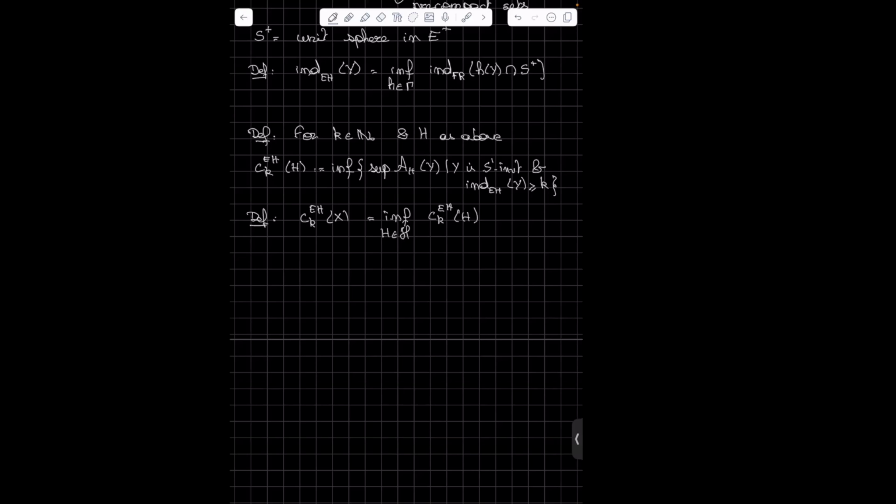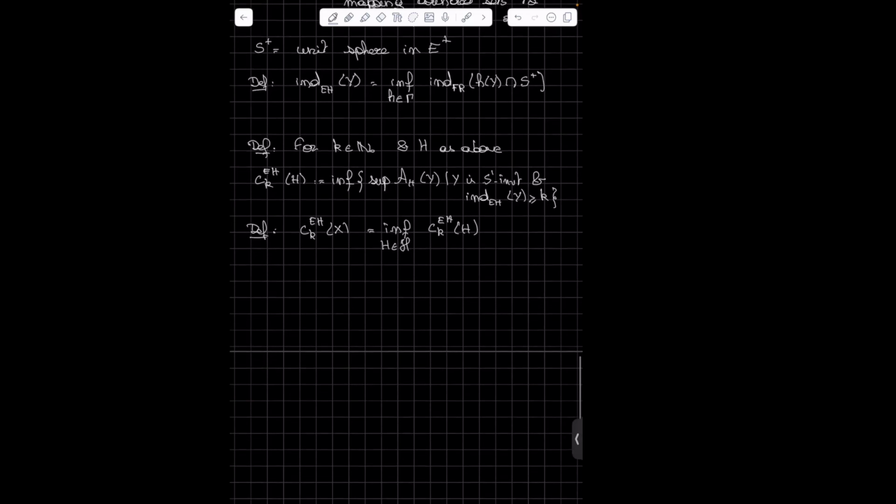And that's the Ekeland-Hofer capacity. I have to point out that the Ekeland-Hofer capacities were defined at the end of the 80s and have been computed for ellipsoids, for polydiscs, and that's it. For 35 years, maybe you have a very good intuition about what they are from the definition, but for me that was not the case at all. It's really hard to compute and to get a grasp of.